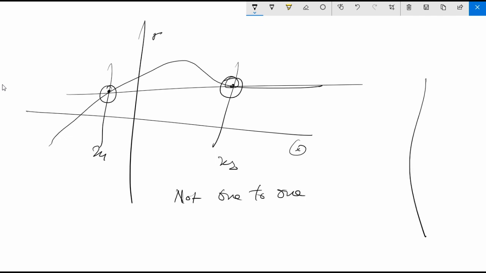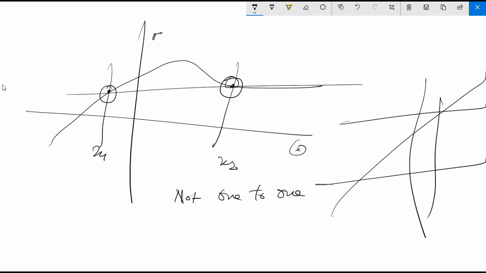And if I have a function which can be shown by a graph like this, this is just an example, there could be many possible functions. So this is a one-to-one function because a horizontal line will cut the graph only once at a specific x1, it's not cutting at multiple places.